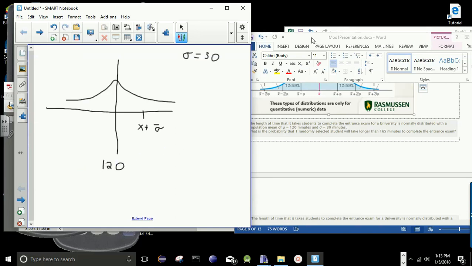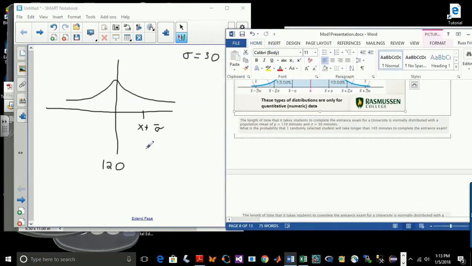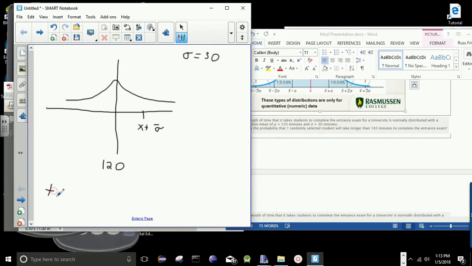So we have to transform this data so that we can use a tool or a calculator or a table to solve this problem. Instead of transforming the data, a common term is to standardize the data. So the preferred term is standardize.